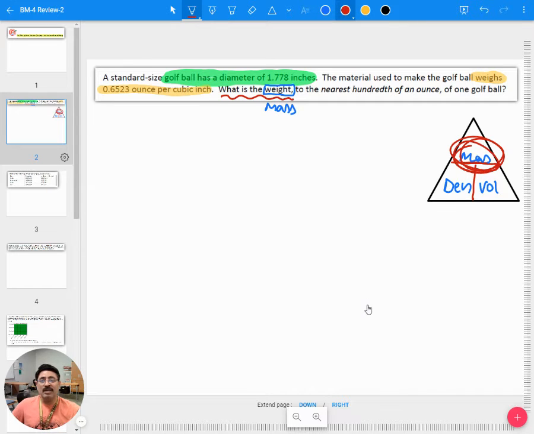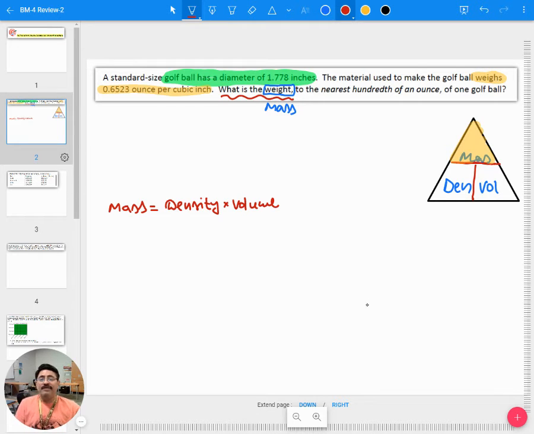Whatever element you are computing, here mass, you may cover it with your thumb. So the formula for computing mass equals density times volume.